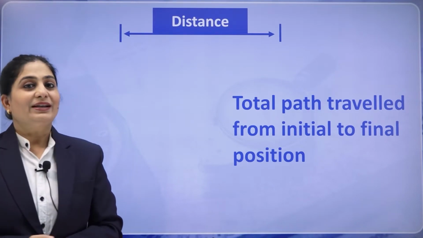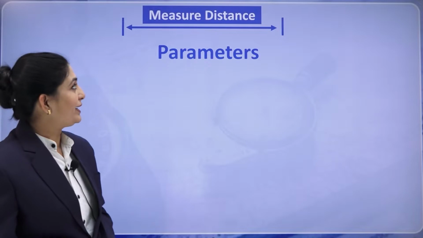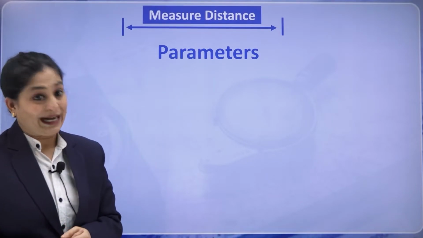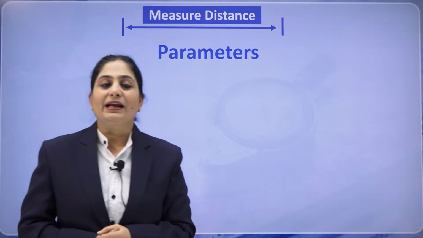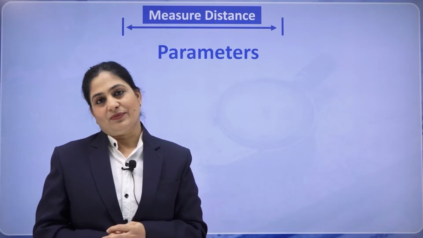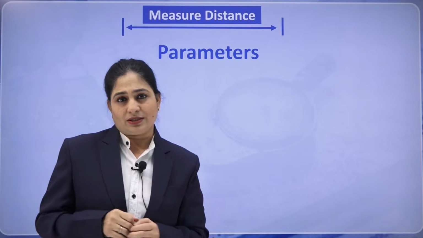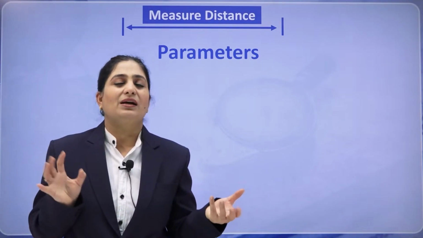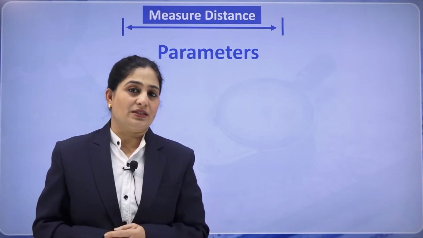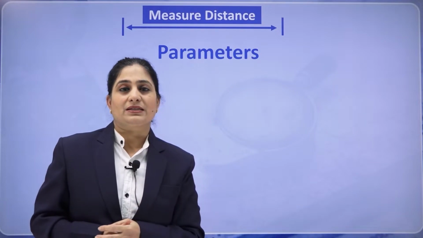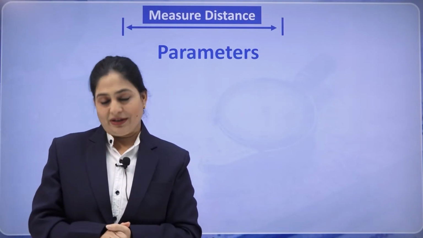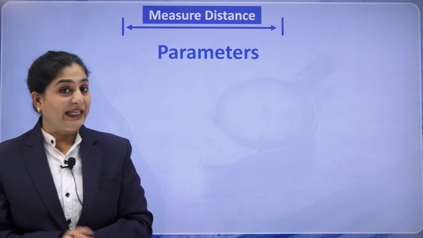Let's move further and discuss a few more points. How to measure distance? That means what are the parameters of distance? When I say I covered 2 distance, or you covered 3 distance, or somebody has covered 10 distance, it is incomplete. We need some parameter, that means we need some unit.